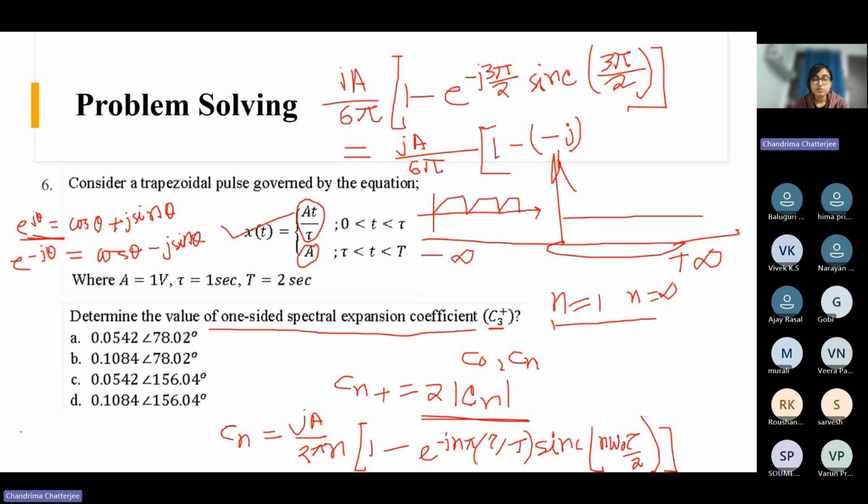If we write e to the power minus j 3 pi by 2, cos 3 pi by 2 is equal to 0, and minus j sin 3 pi by 2.